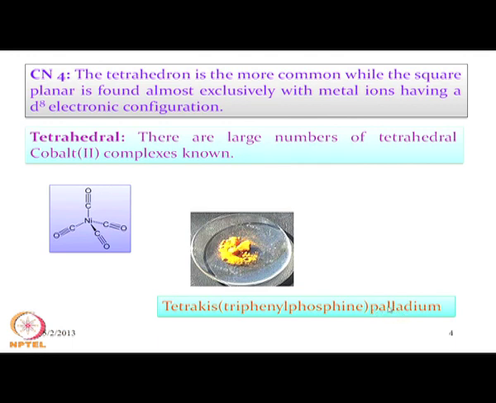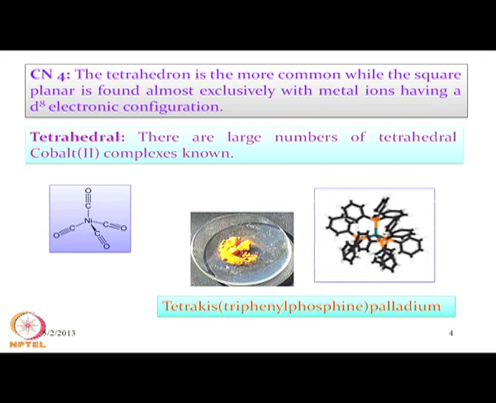These are the 3 most possible arrangements for palladium, but if we go for the palladium 0 oxidation state, the size of palladium would be higher compared to palladium 2 plus, and we expect that we can accommodate 4 such triphenylphosphine groups surrounding this palladium in a geometry very similar to tetracarbonyl nickel. That means, a typical tetrahedral geometry, and it is a bright yellow compound that we can make, and the geometry is like this, a tetrahedral geometry.